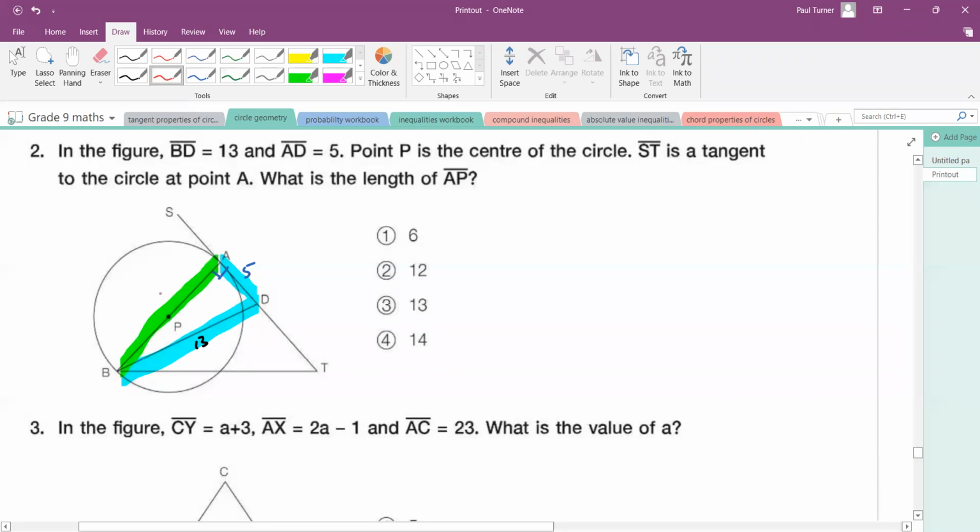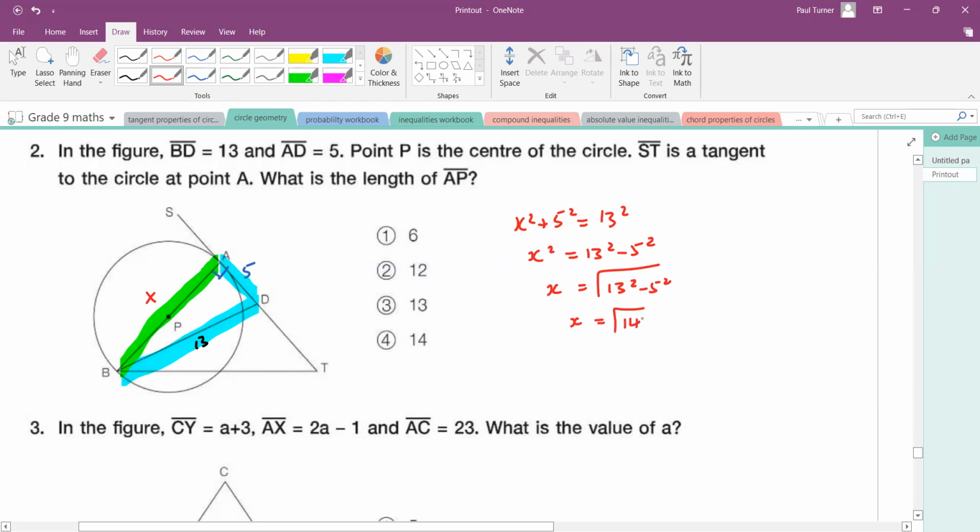So let's do that. Let's call this x. So let's use Pythagoras. We're going to have x squared plus the other leg, which is 5 squared, equals 13 squared. So x squared will be 13 squared minus 5 squared. So x will be the square root of this number, and we're going to end up with 12. That would be 144.